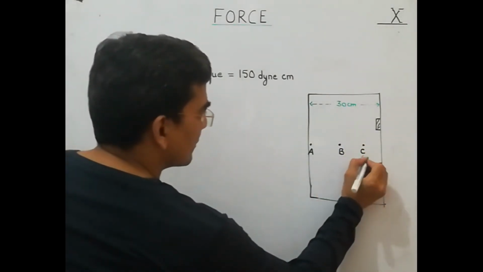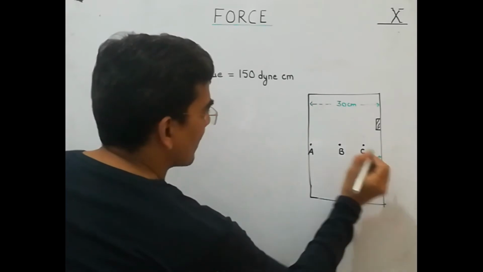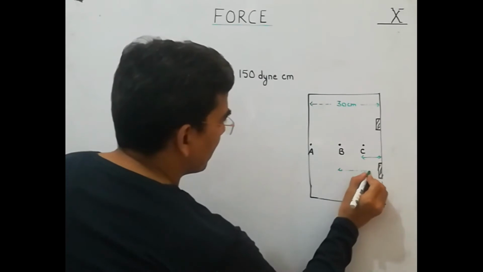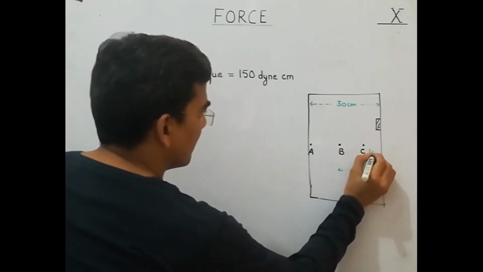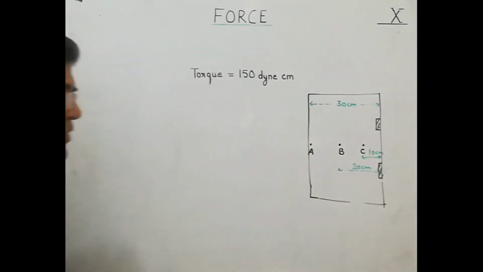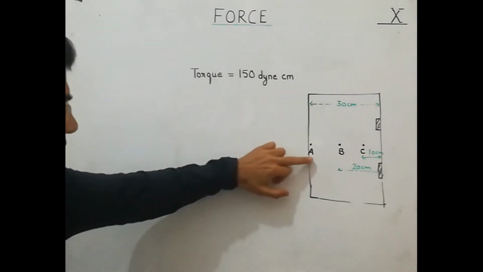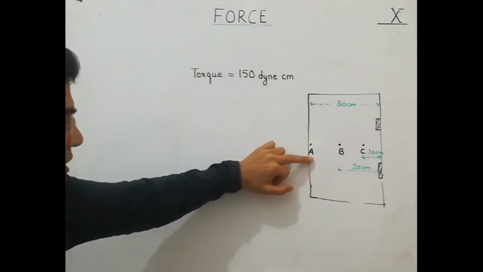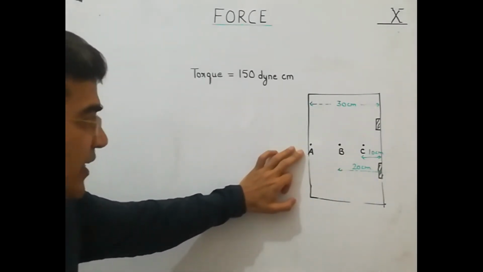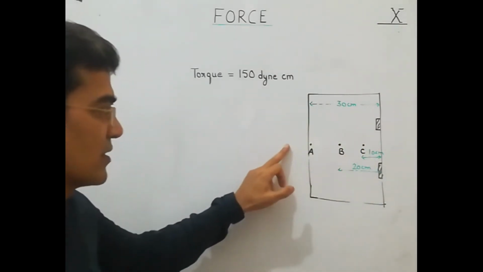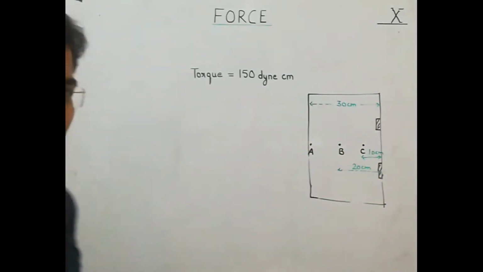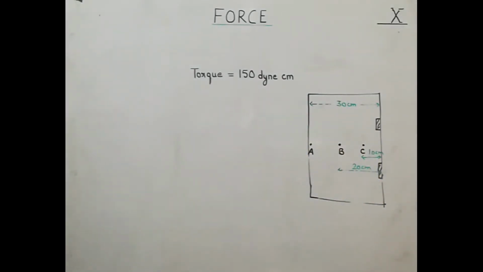Now the first person, A, you can see in this diagram, is applying the force at the edge of the door. That means he is taking the maximum distance of the line of action of force from the axis of rotation. So let us see how much force that person has to apply.